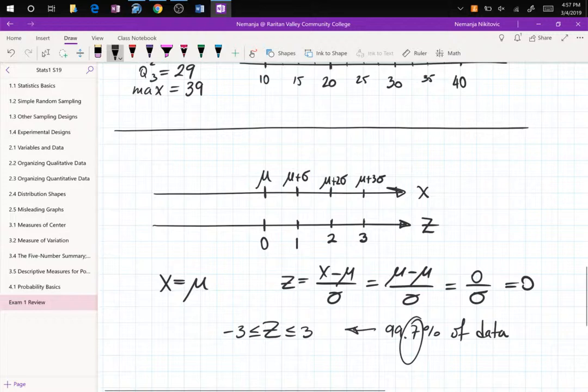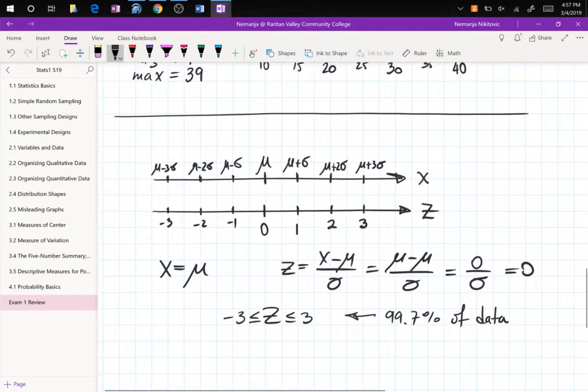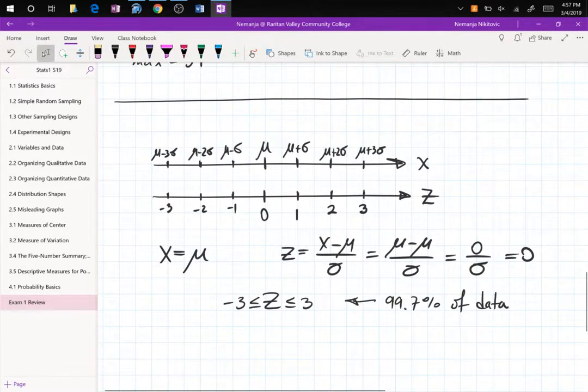So that percent is not 100%. Mean minus 1 standard deviation would be -1. Mu minus 2 standard deviations would be -2, and mean minus 3 standard deviations would be -3. So when you pick a value, it has to fall somewhere like that.